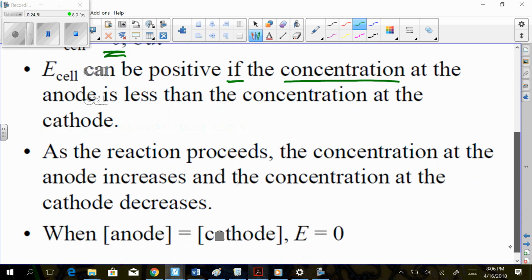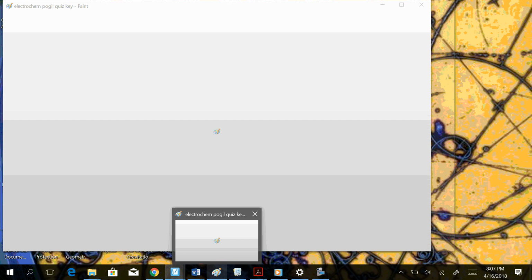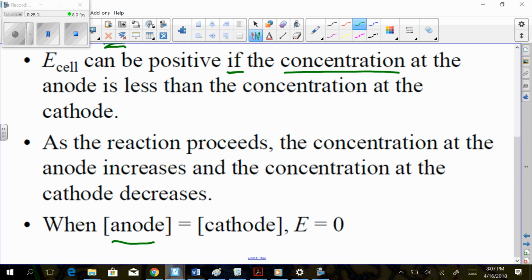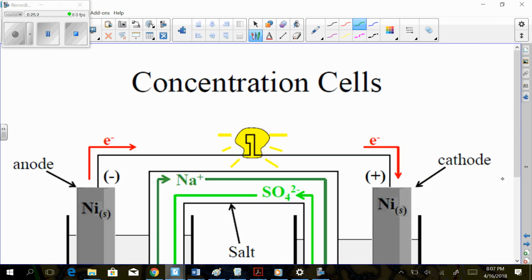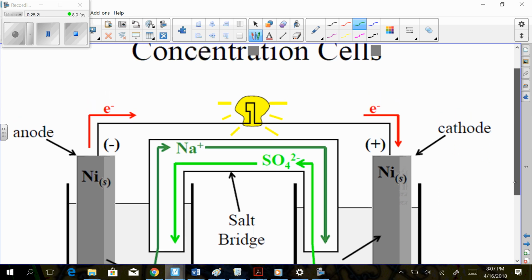And so as the reaction proceeds, the concentration at the anode increases, the concentration at the cathode decreases, and eventually when the concentration at the anode equals the concentration at the cathode, the cell is at equilibrium or it's dead and it produces no more voltage. So let's look at an example of a concentration cell.